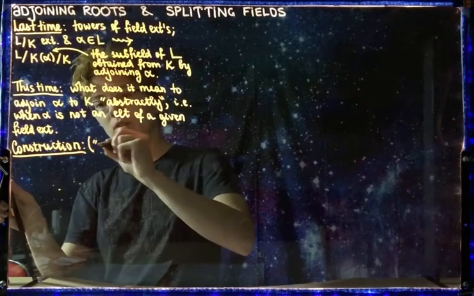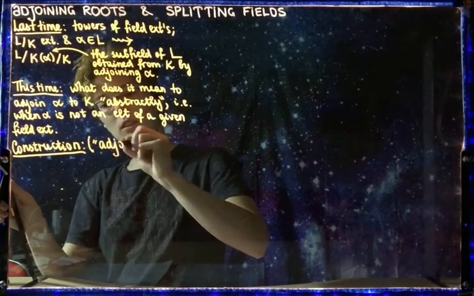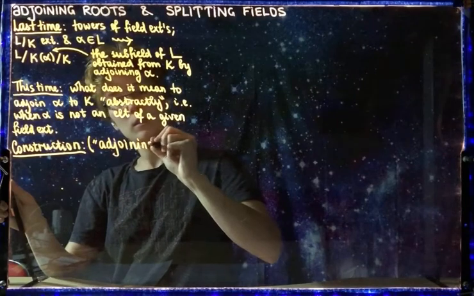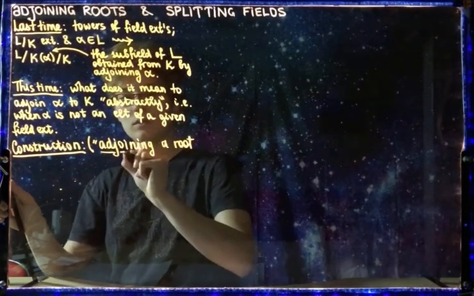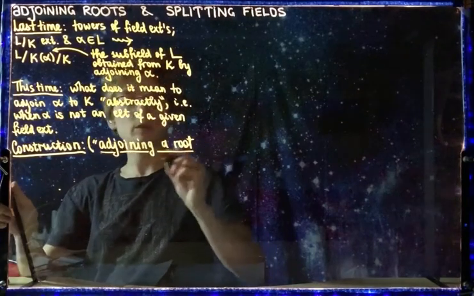Construction of adjoining a root of an irreducible polynomial.